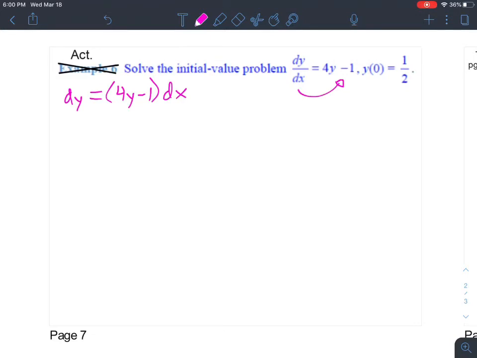We're going to get dy equals 4y minus 1 times dx, but then the 4y minus 1 is the part that's going to move over, not just 4y. We're not allowed to do that. So instead, we need to divide all of 4y minus 1.